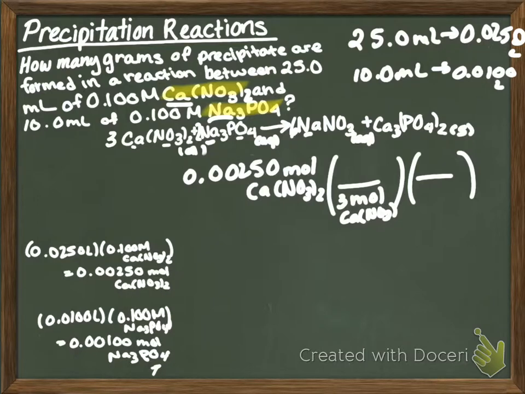Calcium phosphate had a 1 for the coefficient, so that's what I'm going to put instead. And then my second fraction should have on the bottom 1 mole, and on the top the molar mass of calcium phosphate. Which is right about 310.17 grams.